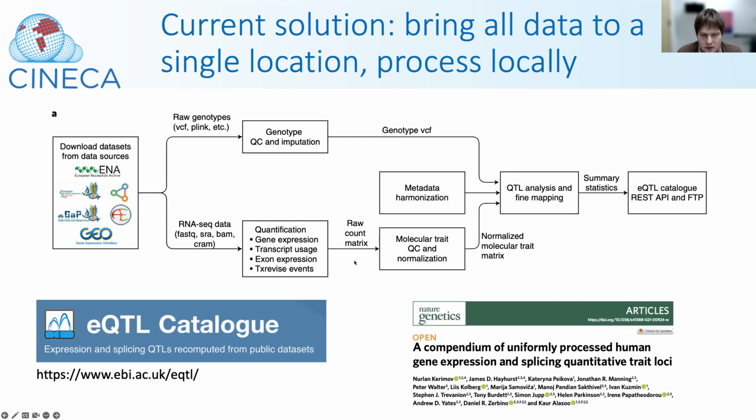We get a raw gene expression matrix, and then we perform additional quality control, and then we normalize the data, and then we perform association testing, after which we get summary statistics that we can publicly release on the FTP server and the API. And so all of these results are publicly available. So here's our publication, and here's the website for the eQTL catalog.